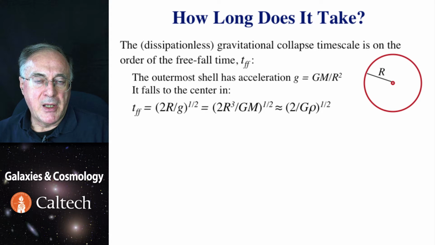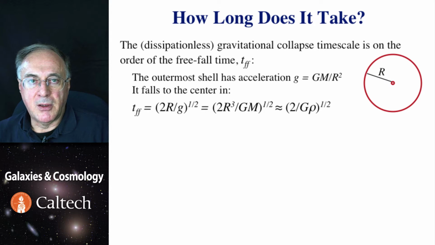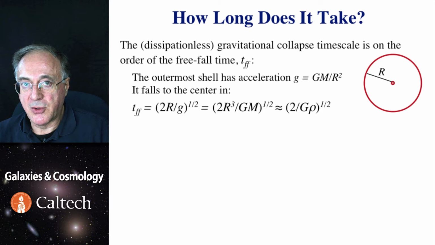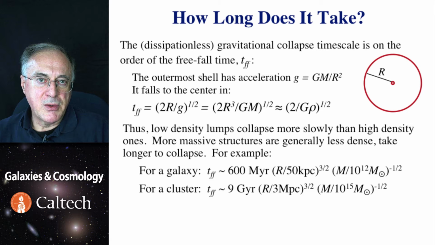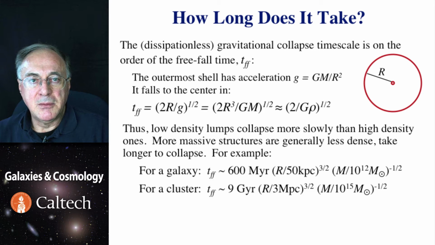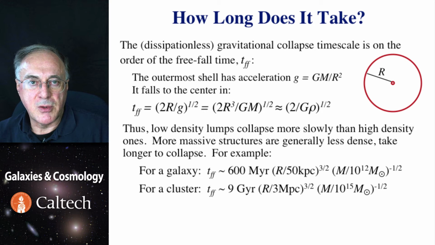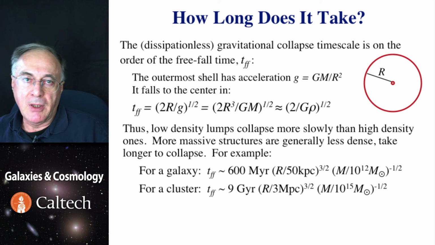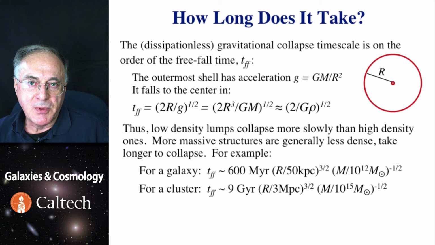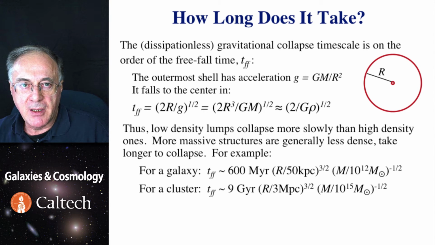And since all of the mass is enclosed within that radius at all times, for all practical purposes, it is a free fall in the gravitational field of a point mass in the middle. And the solution for this is very simple, and it's shown here. You can also immediately see that intuitively, and now formally, the lowest density fluctuations would collapse slowest and the highest density ones fastest. And also the largest ones would take the longest time, the smaller ones would take less.